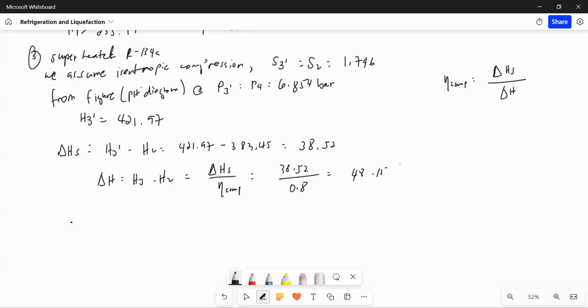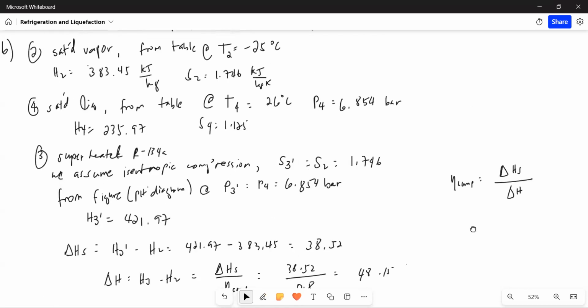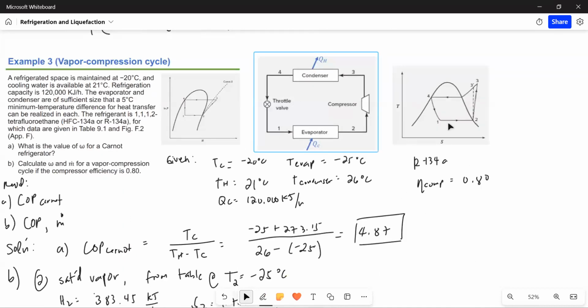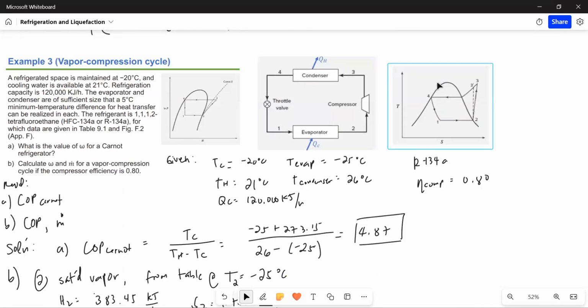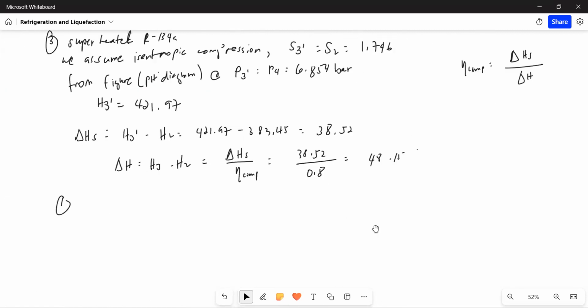And then the next step is to find H1. Where's H1? H1 is here inside the saturated curve. But since this is a throttle valve, this is isenthalpic, H1 is equal to H4.